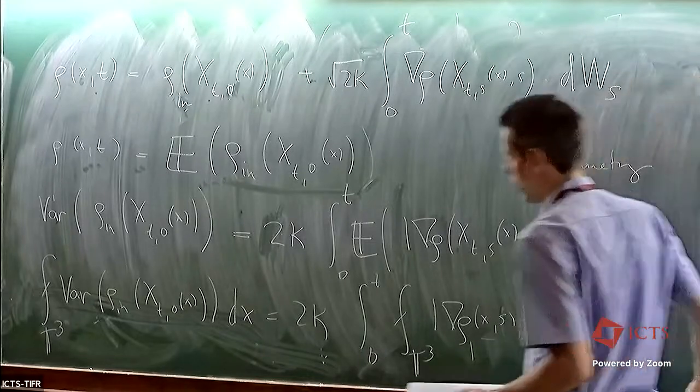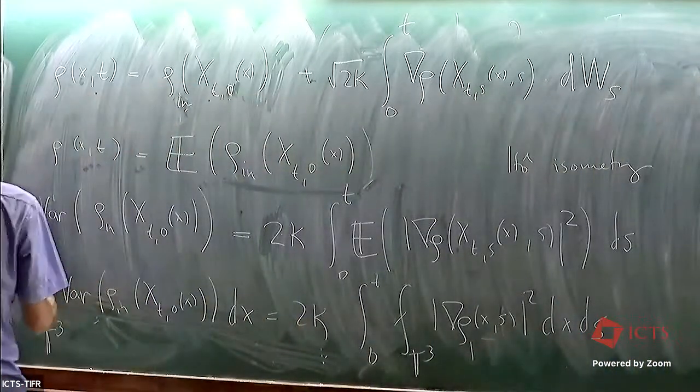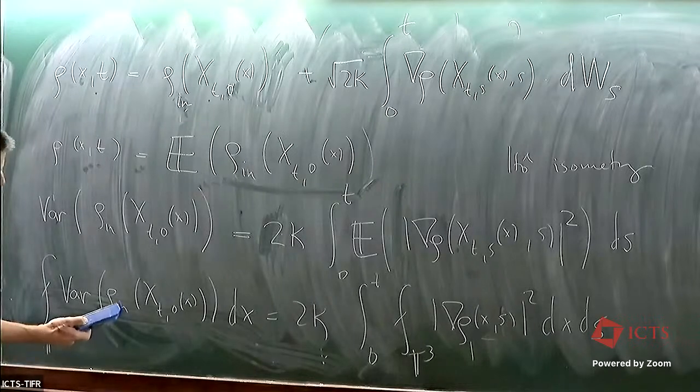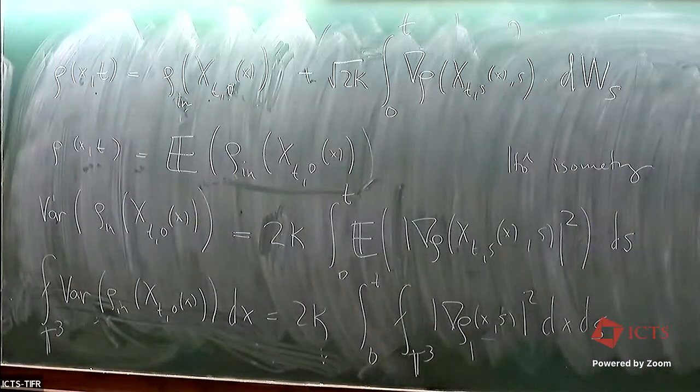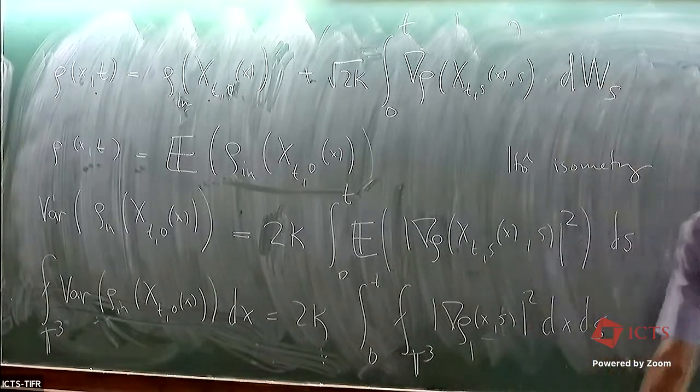So the space-averaged variance of this stochastic field, whose expectation is the solution, is the dissipation rate. And this is what, in this paper, they call the fluctuation-dissipation relation for this PDE.